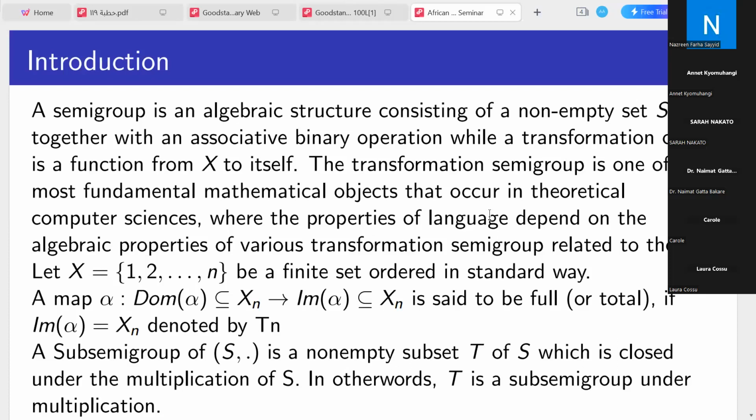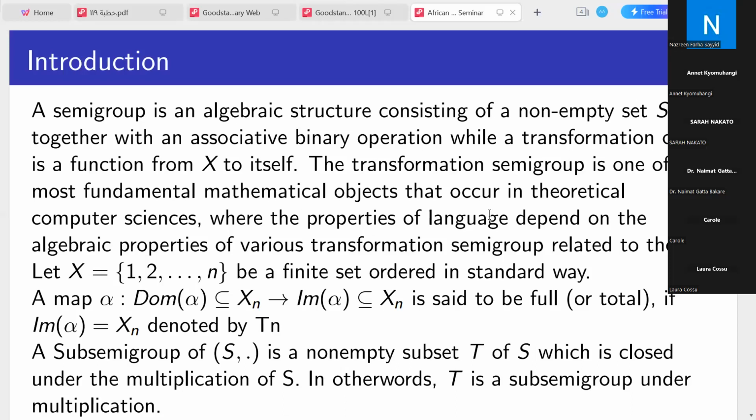This transformation semigroup was introduced by Howie in 1995. In studying this transformation semigroup, we have about three categories of transformations: we have full, we have partial, and we have partial one-to-one. Based on this research seminar, I only specify on the full transformation.